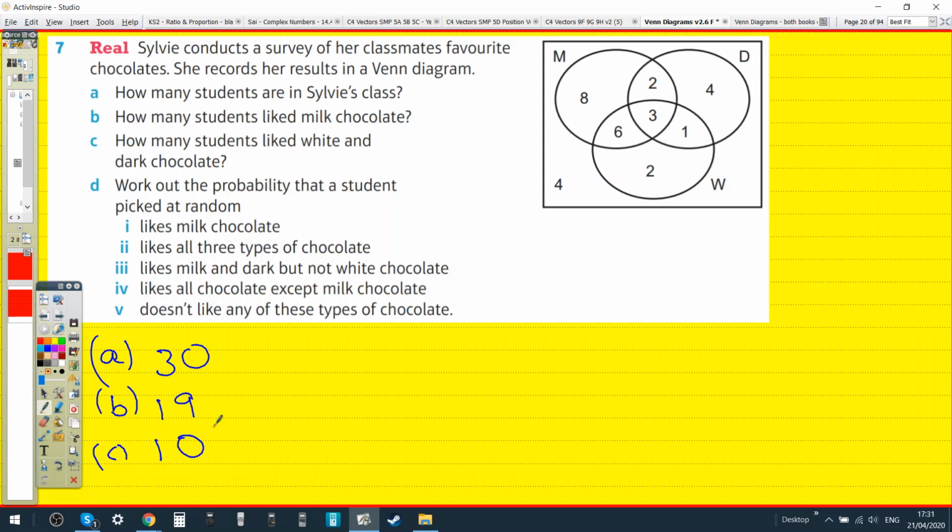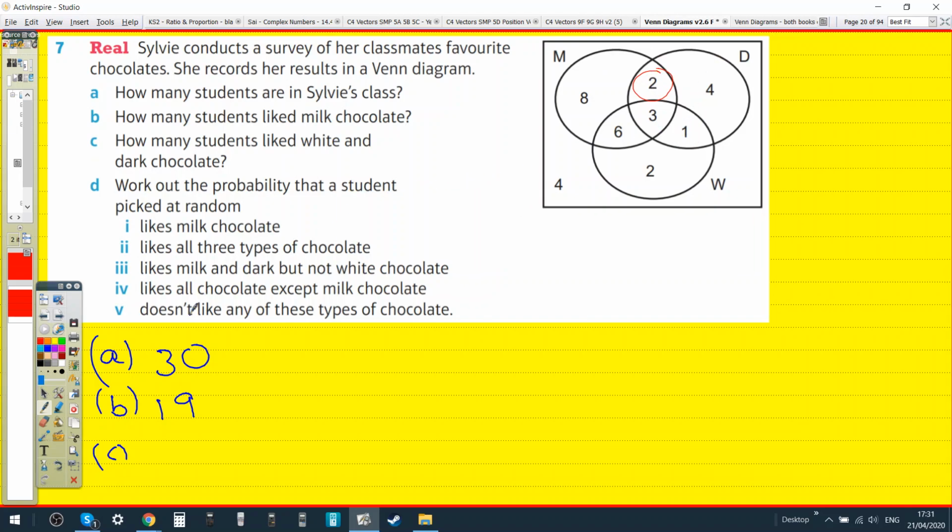White and dark. So white and dark, how did you get 10? So they have to like, so these two like milk and dark, but they don't like white.